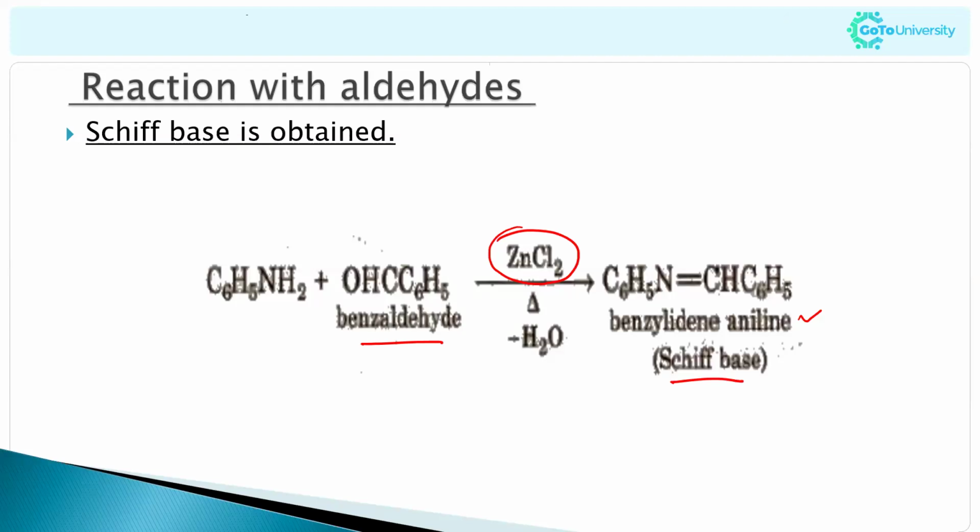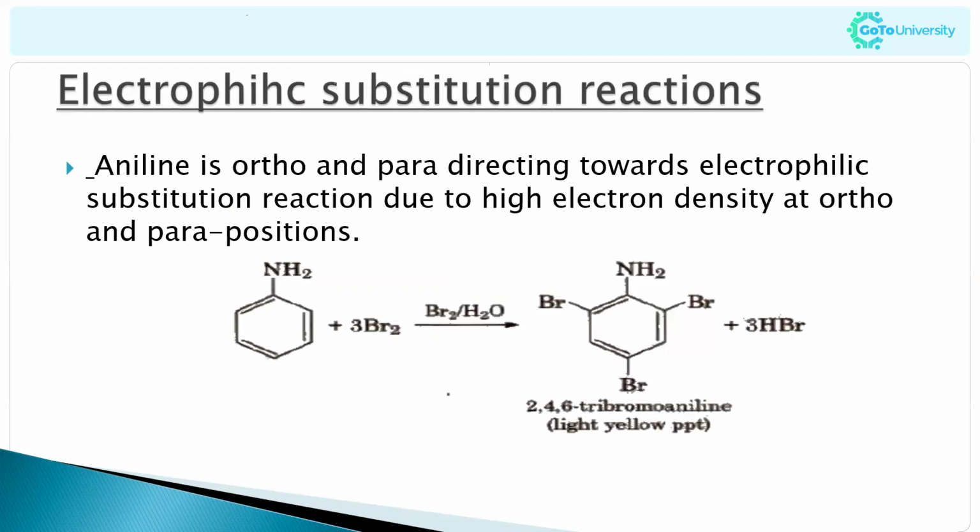Done. So the next one, that is the electrophilic substitution reactions in amines. So if you take aniline, that is the aromatic aniline, aniline is ortho and para directing towards the electrophilic substitution reaction due to high electron density at ortho and para positions.